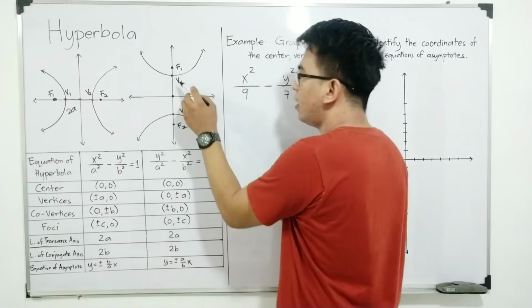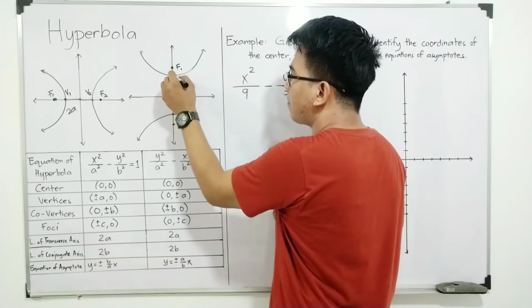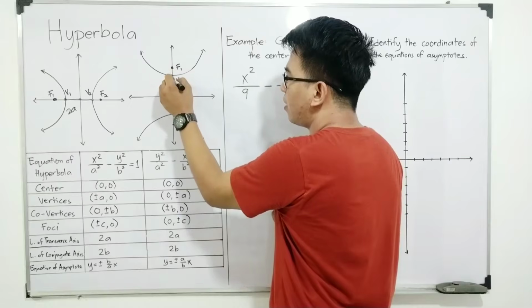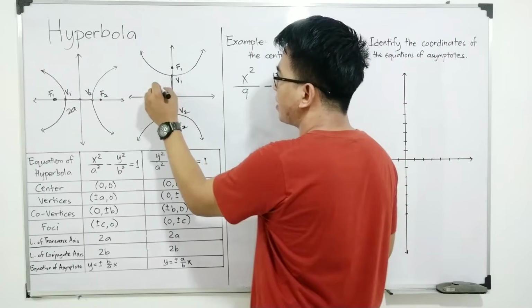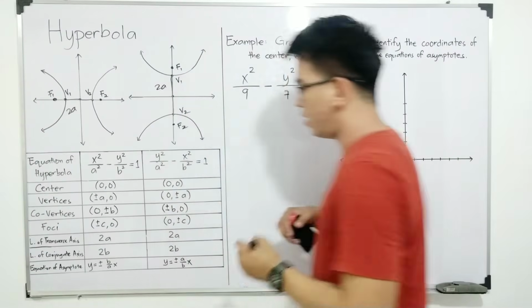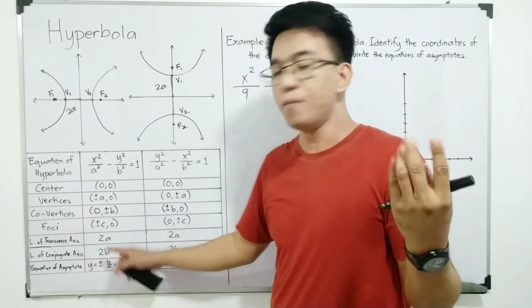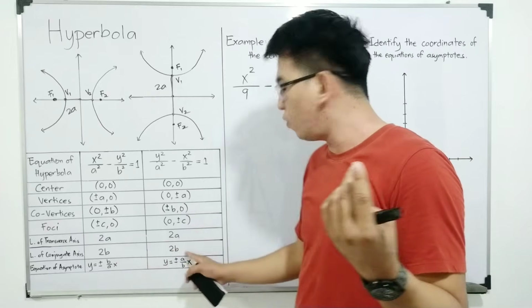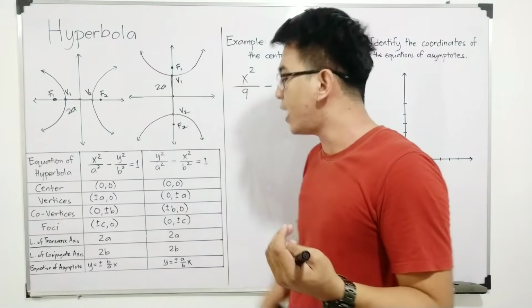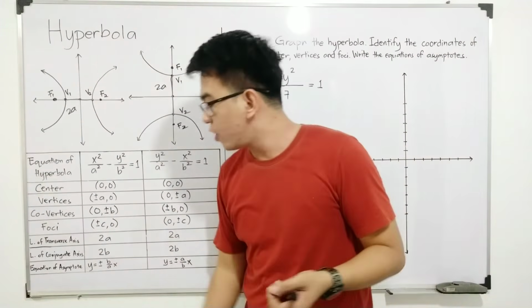Same with this one. If this is pa-horizontal or pa-vertical, this is your transverse axis, and that is represented by 2a. Next, let's move on with the conjugate axis. That is 2b, and then 2b rin to. So, hindi natin mapapakita dyan. Next, let's go with the equation of the asymptote.